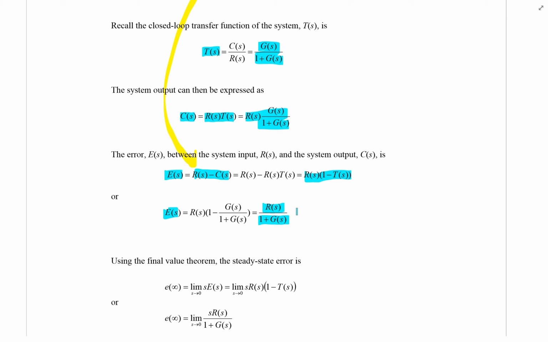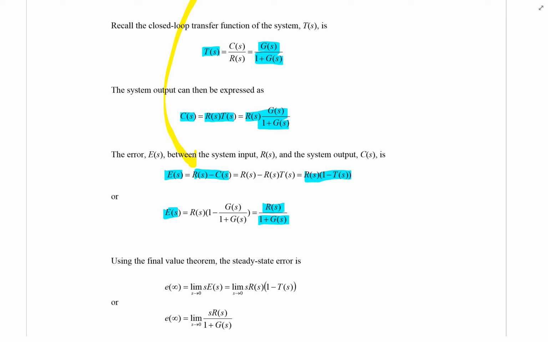So then we ask ourselves, what happens when time goes to infinity? What is the error associated with that when time goes to infinity? Well, we are going to be using the final value theorem.